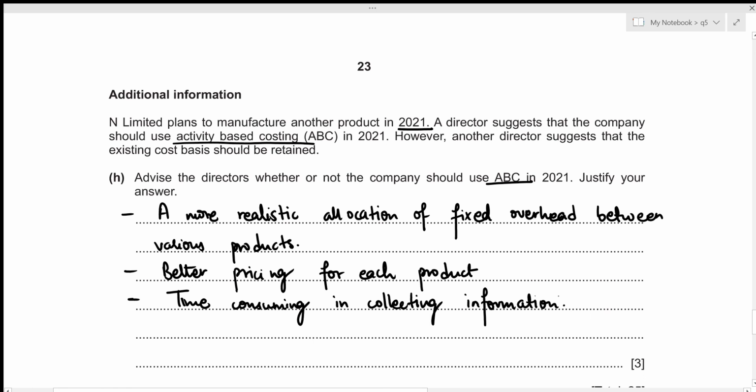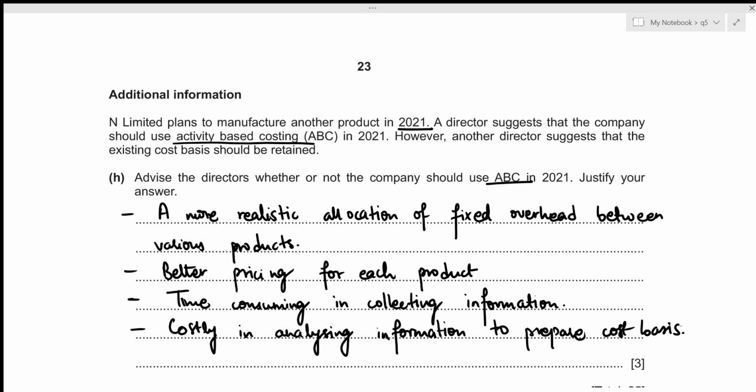And since this is time consuming, it would obviously be costly as well. So costly in analyzing information. And we need to analyze the information in order to prepare a cost basis. So to prepare cost basis.